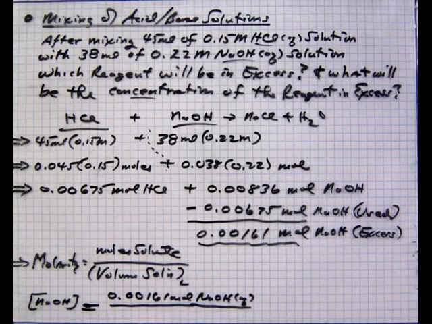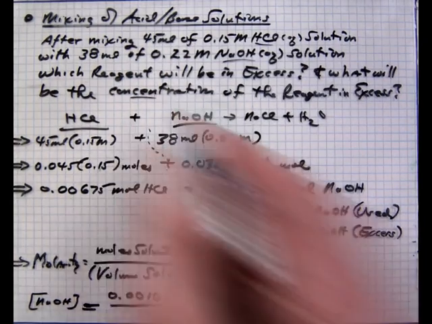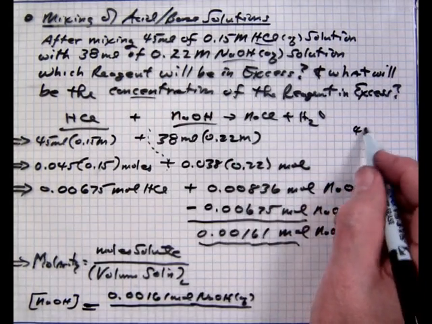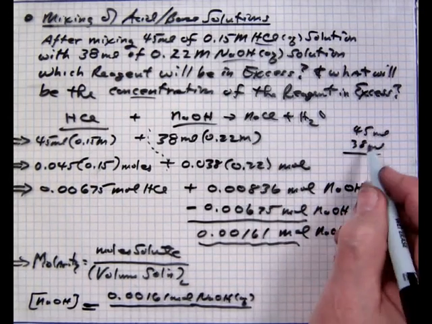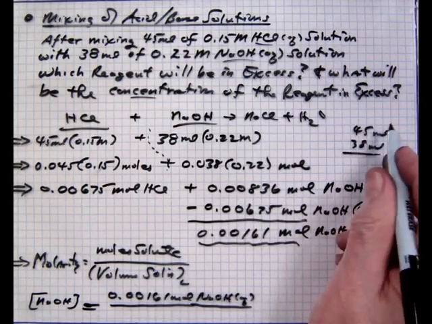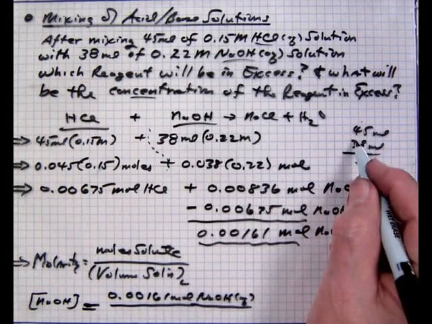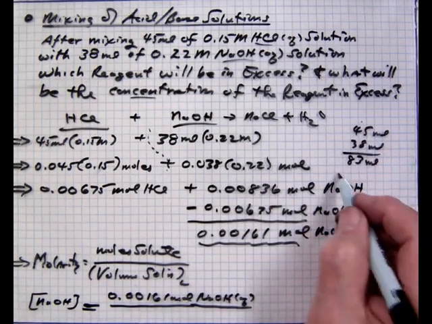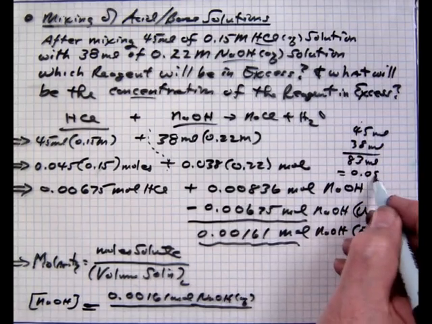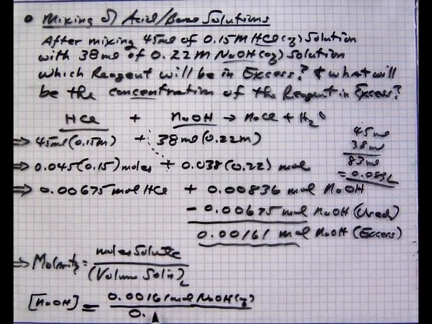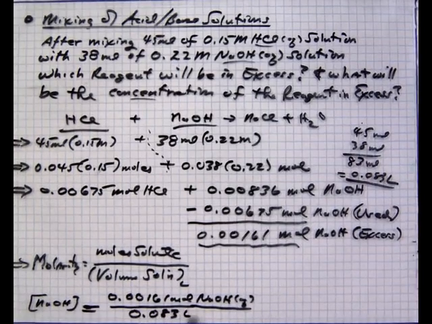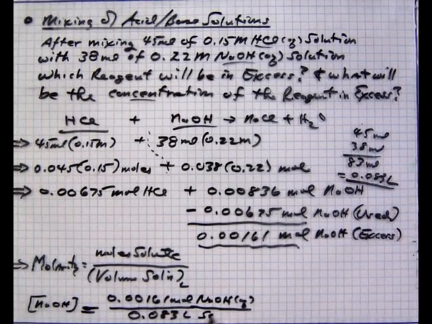So I'm going to express this: 45 plus 38 milliliters is 83 milliliters, which converts to 0.083 liters. So that's what we want put down here, 0.083 liters solution.